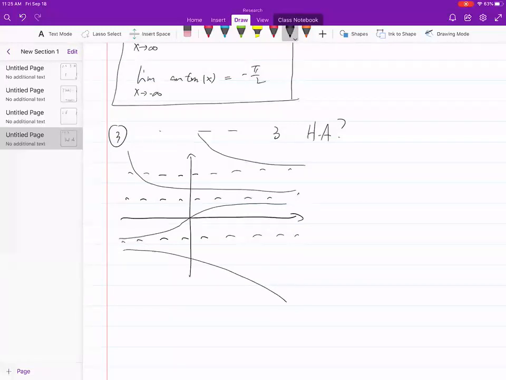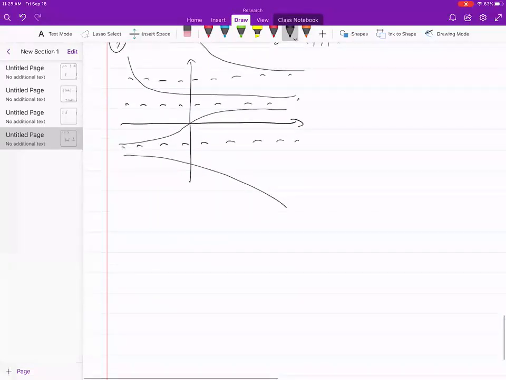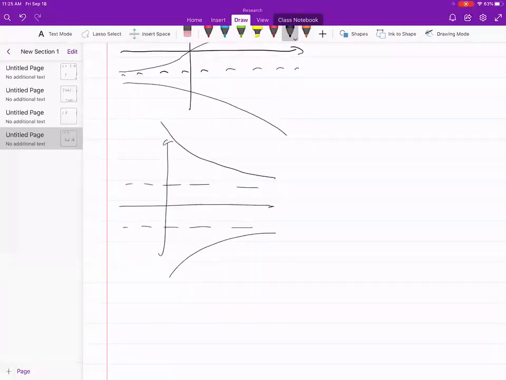But now I want to ask you to think again. By drawing, it's no problem. But if you have 2 horizontal asymptotes and you draw a graph like this, that's 2 horizontal asymptotes, right? Okay. What is the limit as x goes to infinity of f(x)?